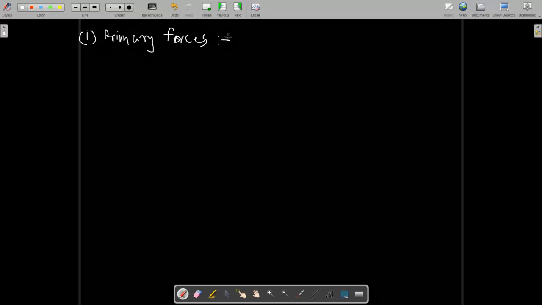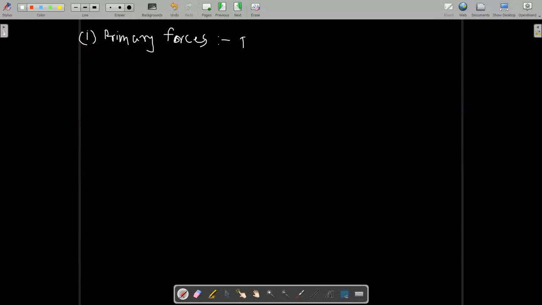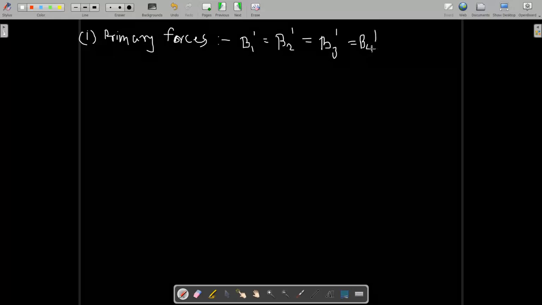in each bolt. So this is bolt 1, bolt 2, bolt 3 and bolt 4. Let B1 dash be the primary force acting on bolt 1, and as I told you, they have the same magnitude: B1 dash is equal to B2 dash is equal to B3 dash is equal to B4 dash.